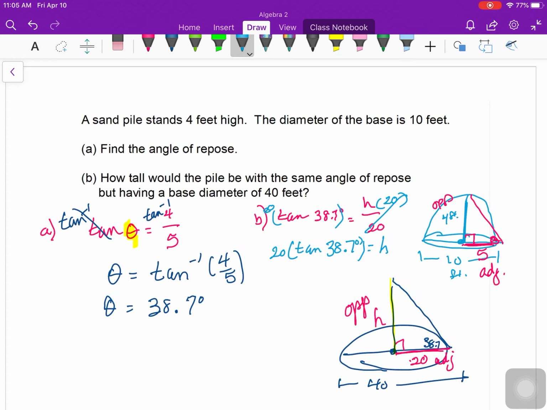And I get 16.0 is H. So 16 feet high is how tall the pile of sand would stand. This should be enough information for you to do your homework on inverse trig.